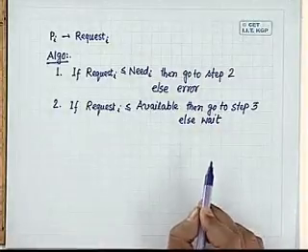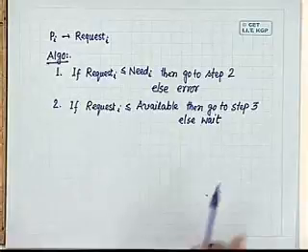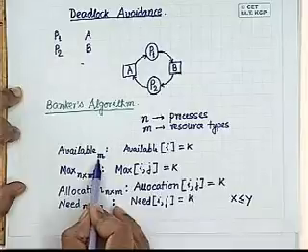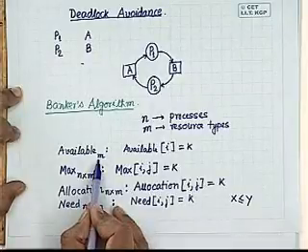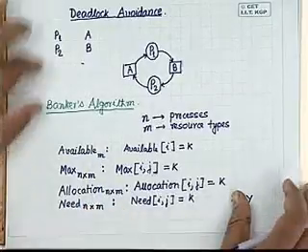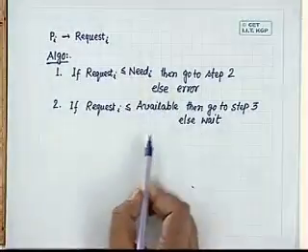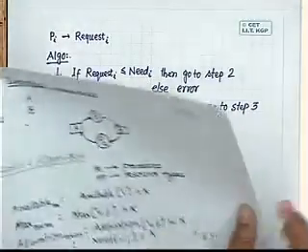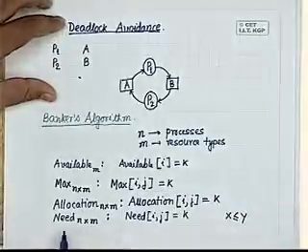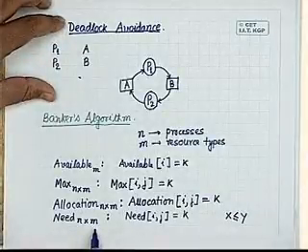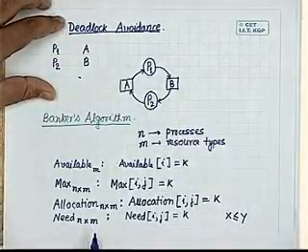No, available is a vector. It is not a matrix. Available is a vector of dimension m. Whereas we have put need I because need is a matrix, and when I say need I, that means it is the ith row in the matrix.